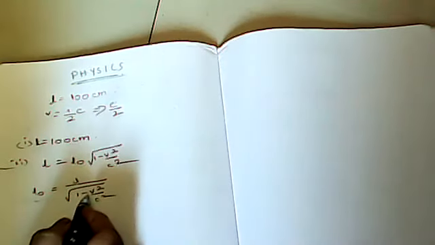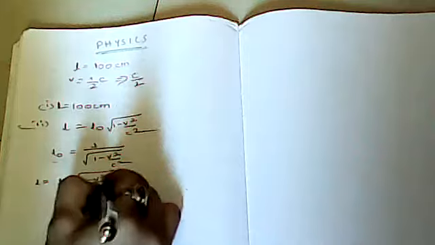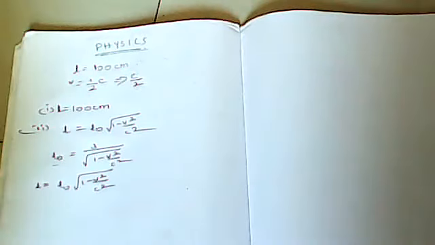Okay, L is what we have to calculate, right? What we have to calculate is L now, and V is the velocity of the satellite, and C is the velocity of the light. So we can write L is equal to L naught root of 1 minus V square by C square.